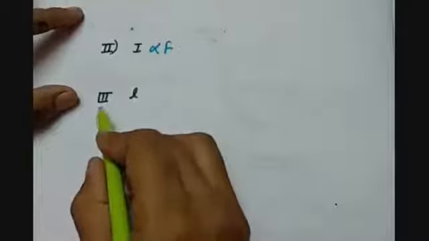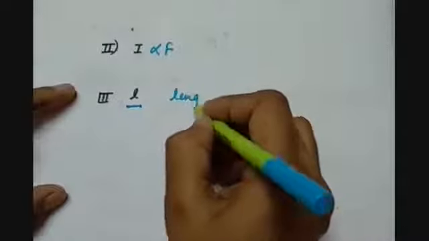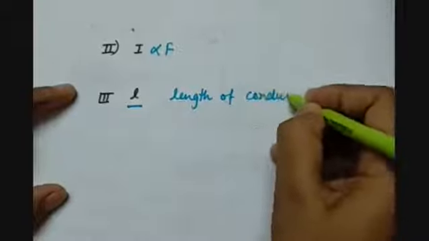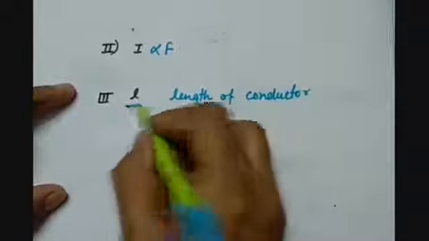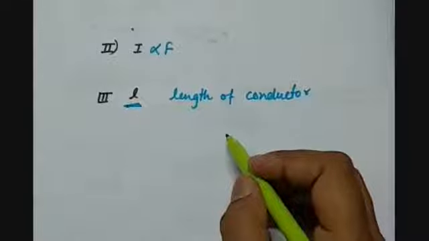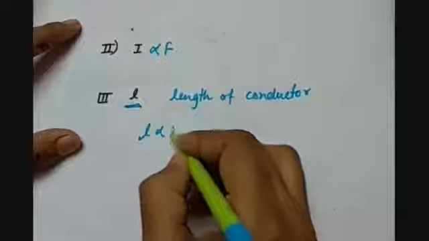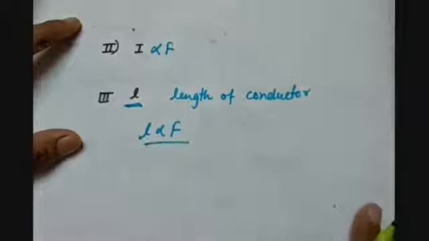And the third is per unit length, or you can say the length of the conductor matters. The longer the length of the conductor, the higher the force produced. So length is also directly proportional to the force.